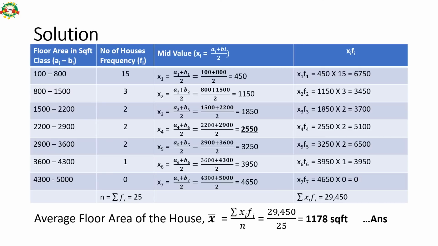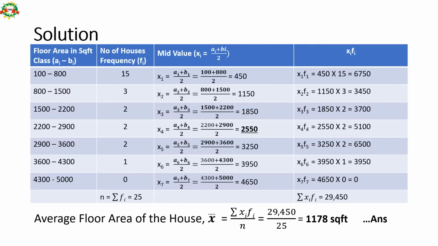This is mid value. Now multiply mid value with number of houses, which is xifi. So this is 450, middle point of each class, multiplied by number of houses in that class is equal to this value. If you do the similar calculation for each class, then you will get sum total of xifi.